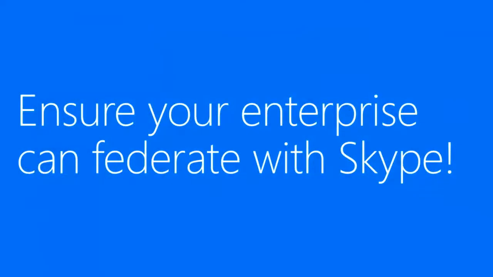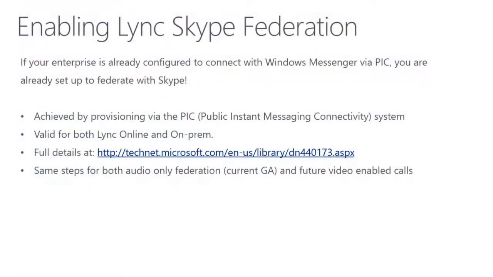Next slide. How to ensure that you can federate your enterprise with Skype. As Carl mentioned, the interaction to enable the Lync and Skype federation uses the exact same federation technologies and approach that we've been using in Lync already.